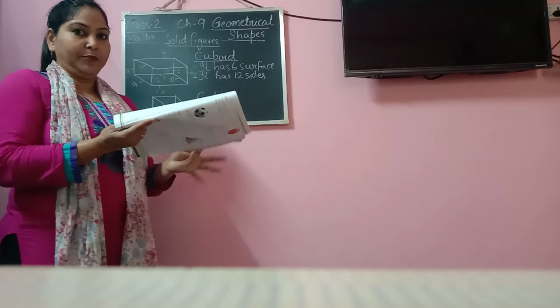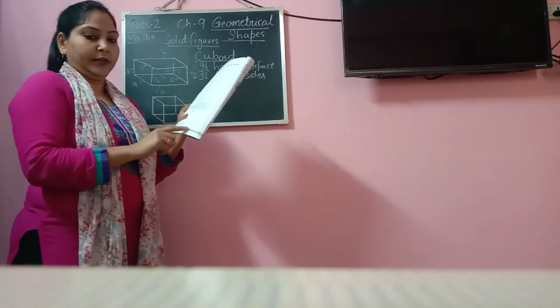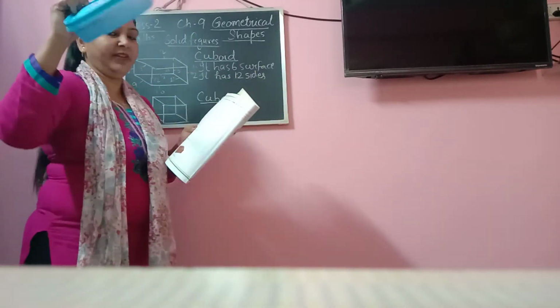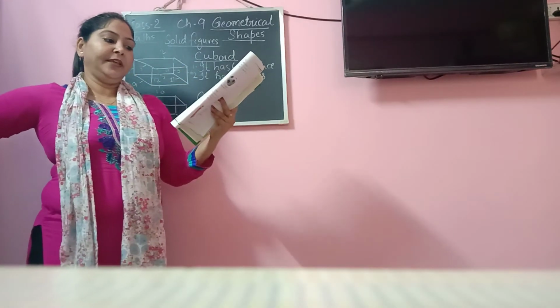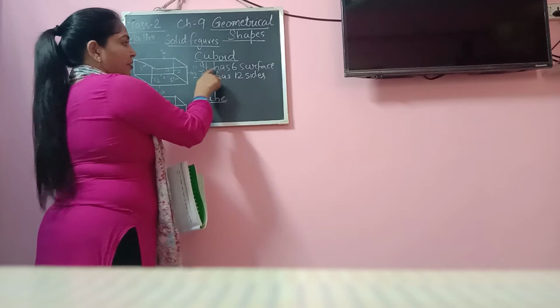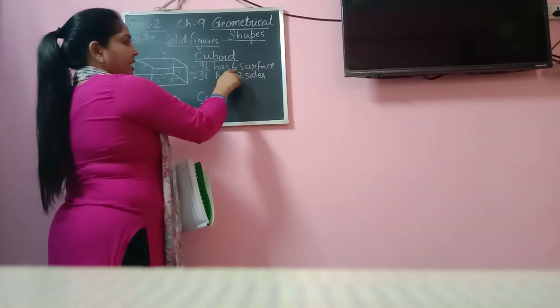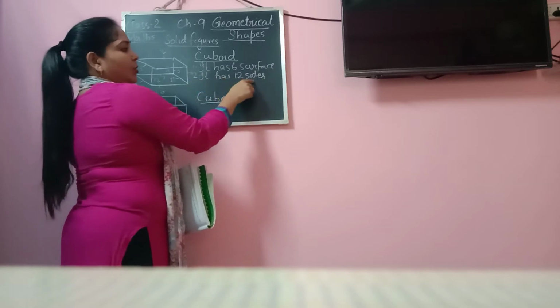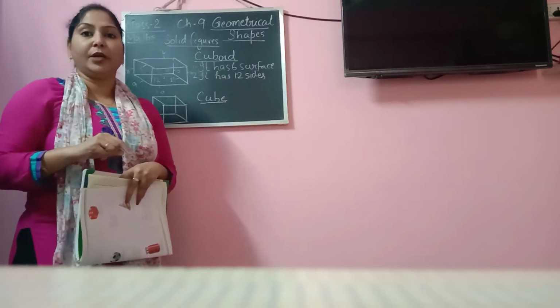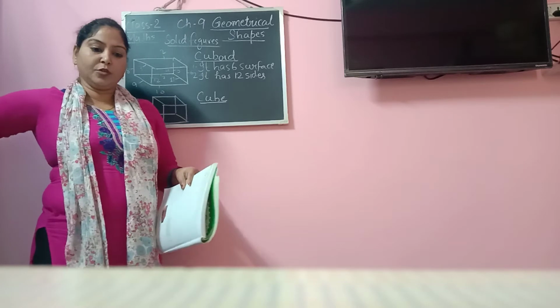A brick is an example of a cuboid, and I showed you this tiffin box is also an example of a cuboid. Alright, so you can see here how many surfaces or faces it has. It has 6 faces or surfaces, you can say. It has 12 sides, and let us count the corners also.